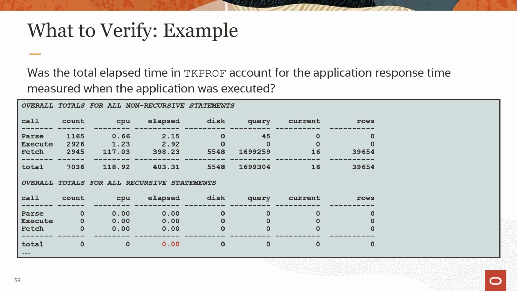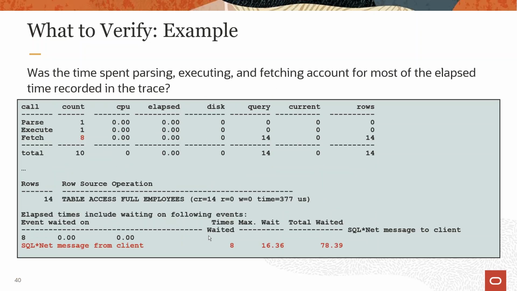These are for the statements executed by the application. 0 seconds have been spent on executing recursive statements. This means 403 seconds out of 410 seconds, seen from the user's point of view, were spent inside the database. So query tuning, if people complain about the performance of the application, can indeed help in this situation.